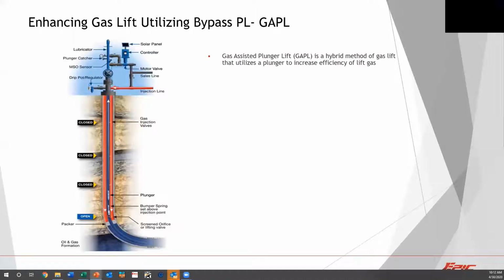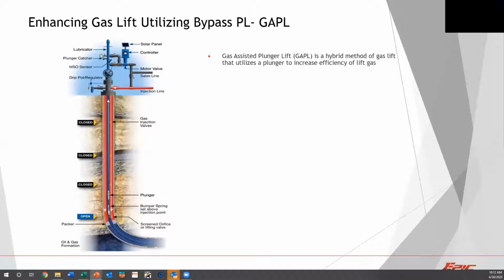So what exactly is a GAPL, or gas assisted plunger system? It is simply a hybrid method of artificial lift where we add a continuous flow plunger system into an existing gas lift well to increase the overall efficiency of the system while increasing production.